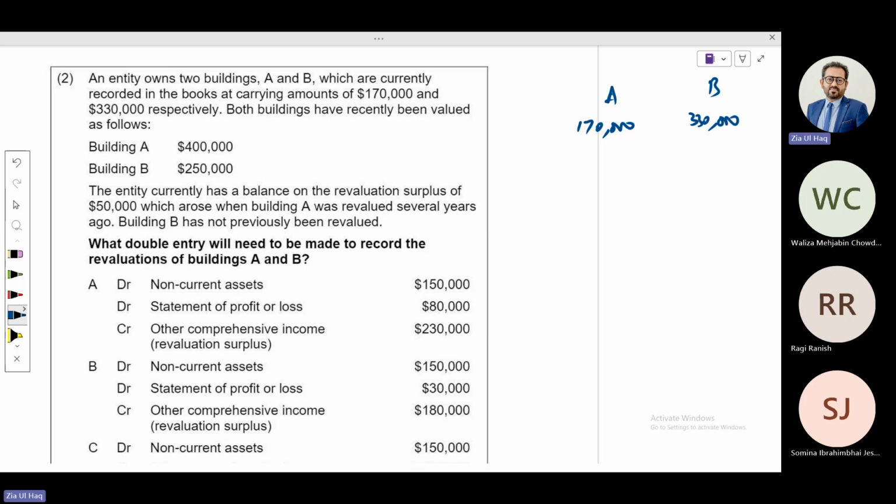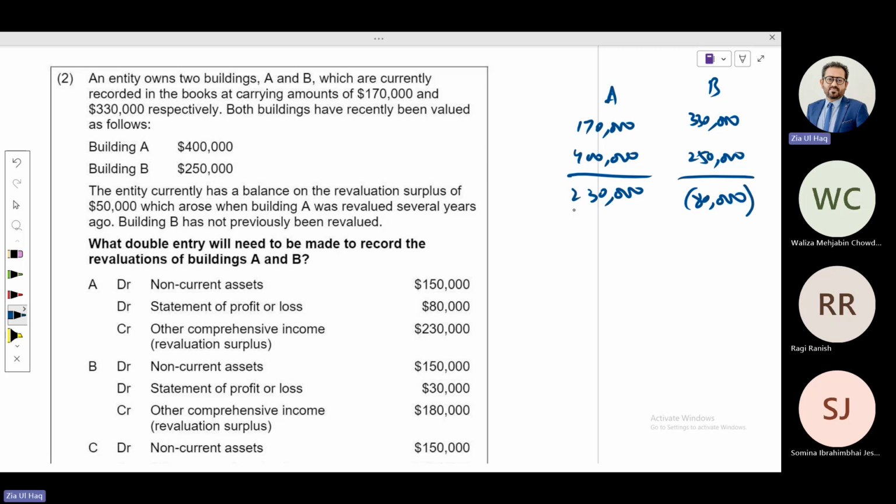Both buildings have recently been valued: building A value is now 400,000, while building B value is now 250,000. So in building A, there is a gain of how much? 230,000. While in building B, there is a loss of how much? 80,000.